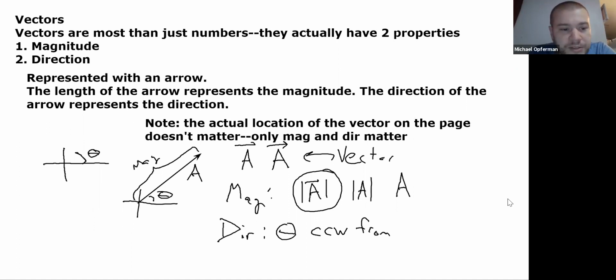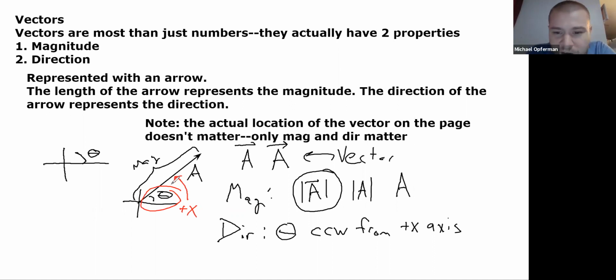That's the standard convention that people in the math world use, so we also use it in physics. So the vector I drew over there, you'll notice that I drew the angle from the positive x-axis, and I went counterclockwise, which is this way.